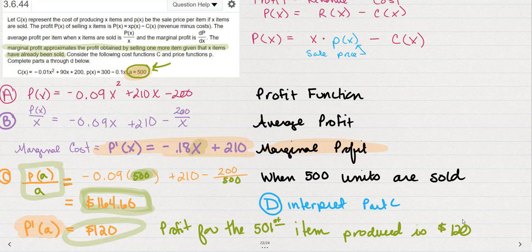So that profit changes for each item, right? Based on how many we've made, how much our investment was, etc. So to get that precise, how about that precise 501st item? It was $120, and that's how we could interpret it.